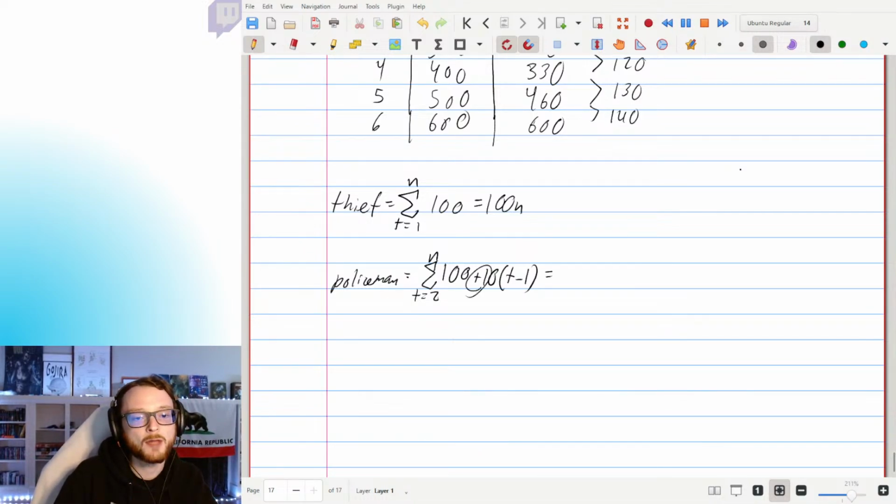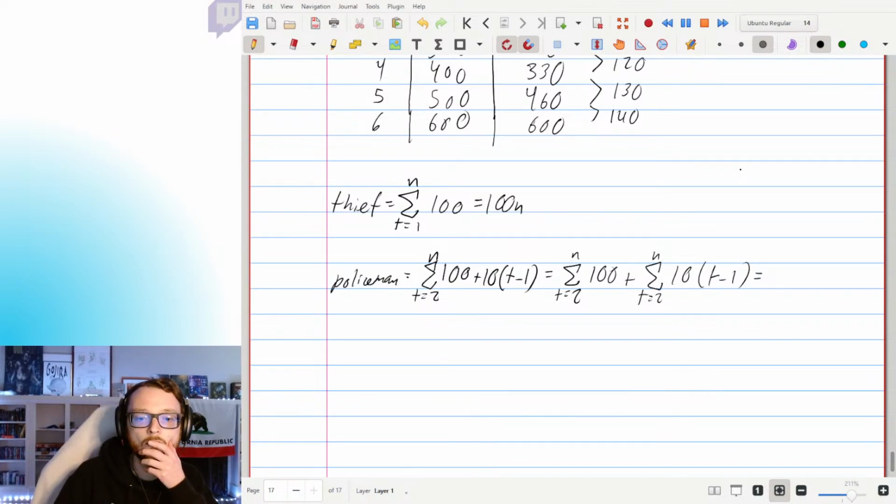When you have two things added in a summation, they can each get their own summation. And this one over here, for the same reason this one was 100 times n, this will be 100 times n minus 1 because we're starting one later. So there's one less 100 in there. This 10 can come out front of the summation.